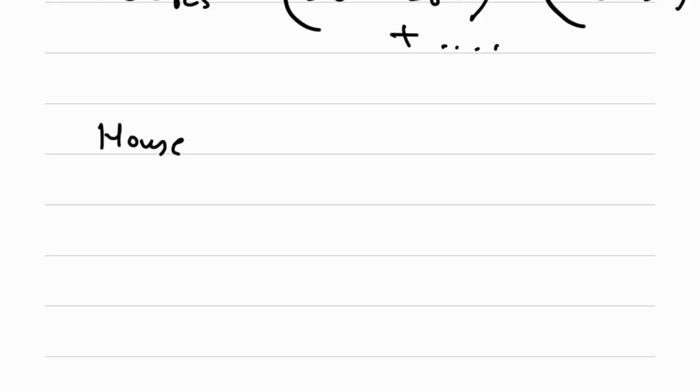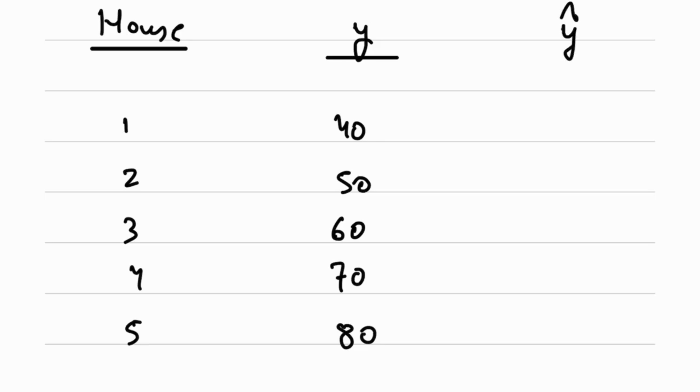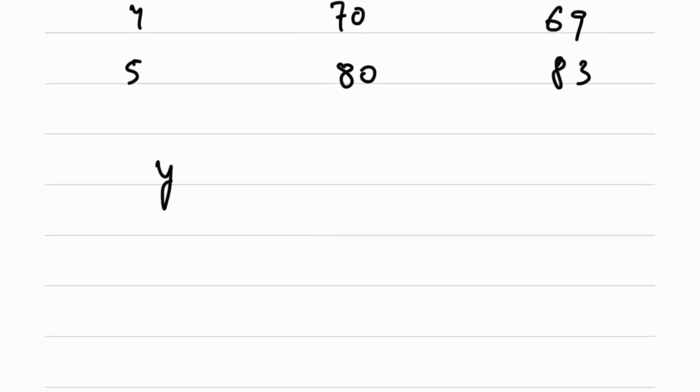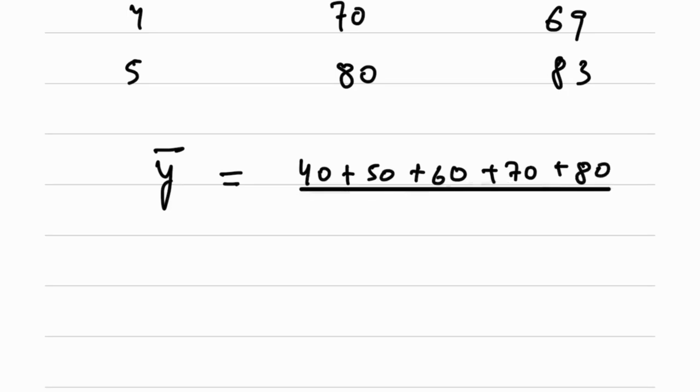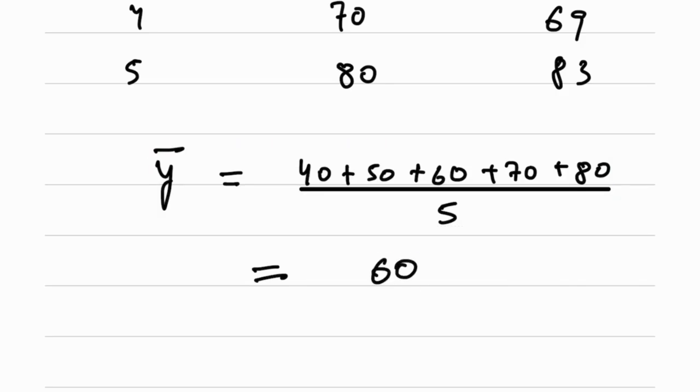Let's formulate this with a tabular example wherein we have 5 houses which have true values of y of 40, 50, 60, 70, 80k, and y hat, the predicted values, such as 33, 47, 65, 69, 83k. Now the y mean will be the sum of the true values divided by the total number of predictions, which in this case comes out to be 60.